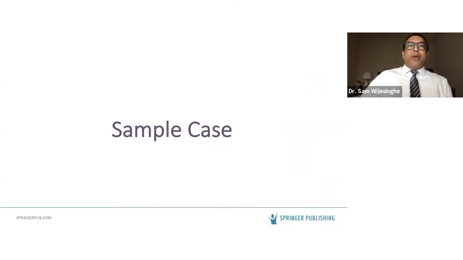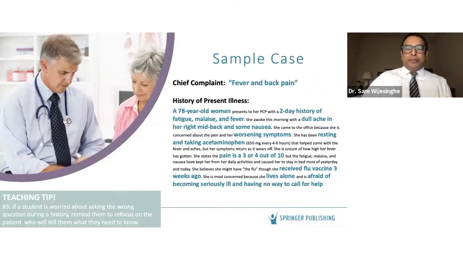Now we are going to talk about a sample case from the book. So the chief complaint, I have fever and back pain. She's a 78-year-old woman, and she has 2-day history of fatigue, malaise, and fever. And she's getting worse, and she has a right mid-back pain and nausea.